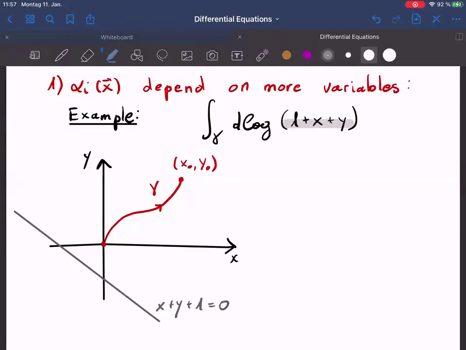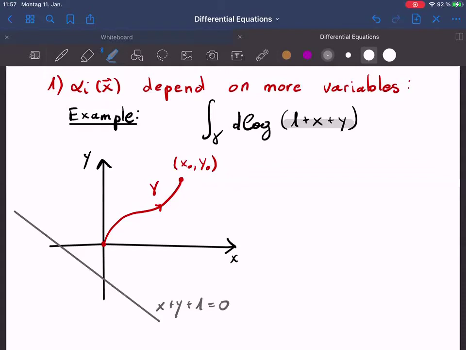Geometrically, I'm in a two-dimensional space with coordinates x and y, and I choose a path gamma that goes from the origin, 0, 0, to some point which I call x0, y0. Calling it x0, y0 was maybe not the smartest choice, but never mind. I have a fixed beginning of the path at the origin and a fixed endpoint at x0, y0.